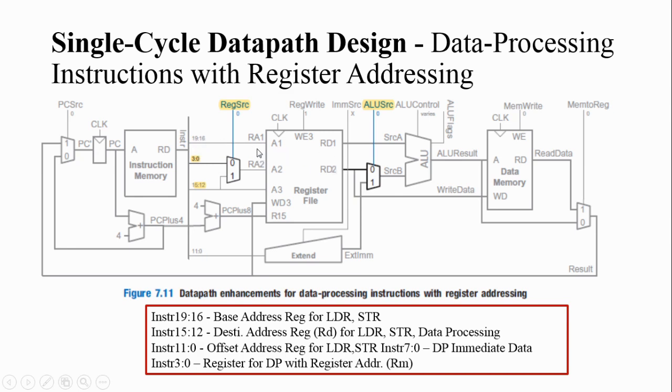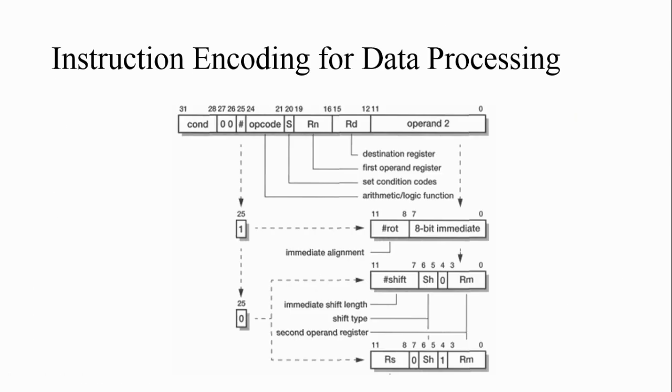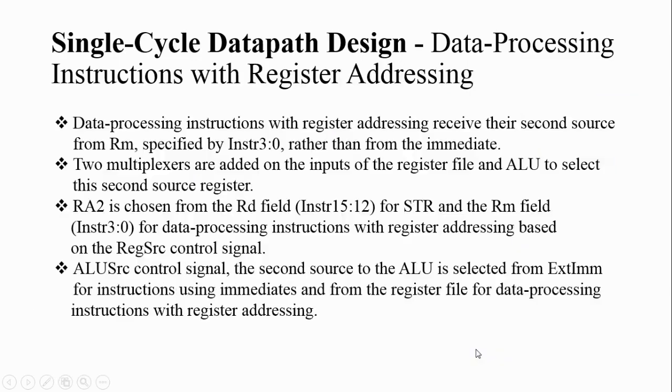So you are getting the output of the first operand register here. To that, instead of adding the immediate value, you need to add the second operand register, and the second operand register is specified by bit number 0 to 3.